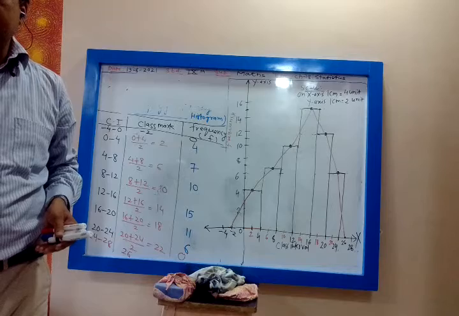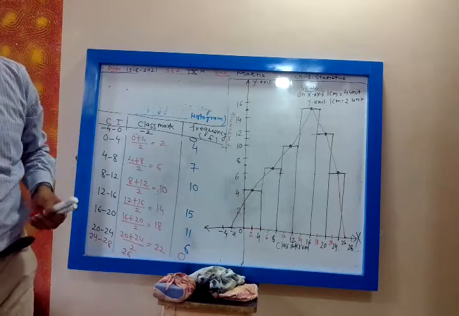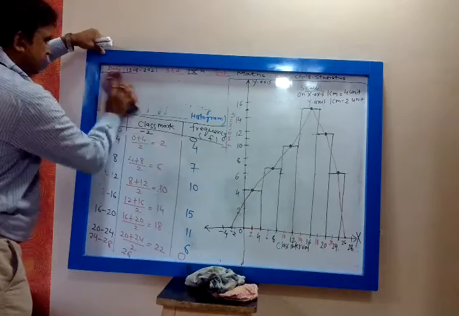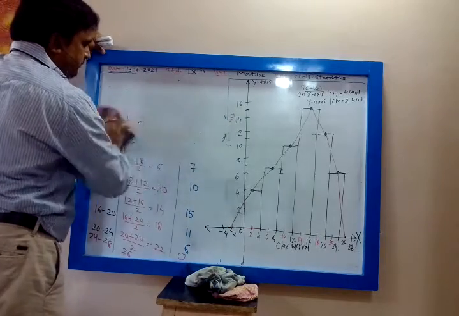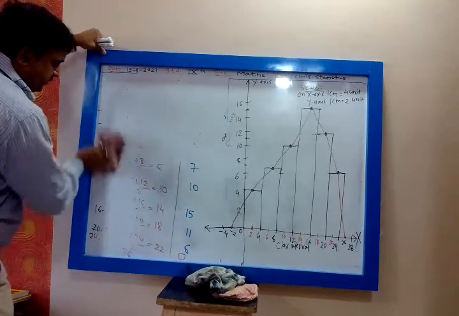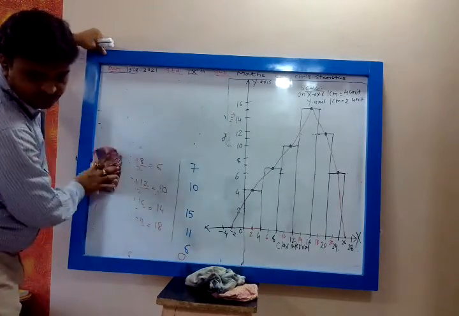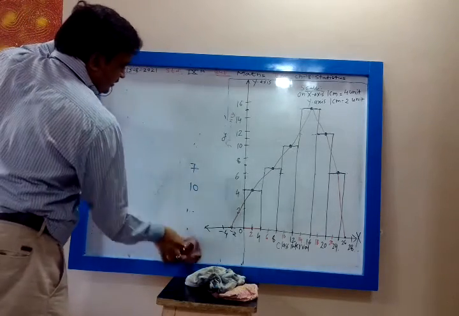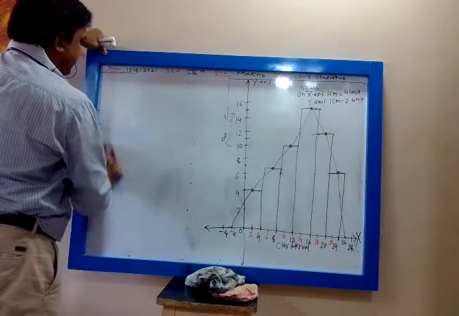So do it second. Draw the graph of histogram and frequency polygon for the second one.